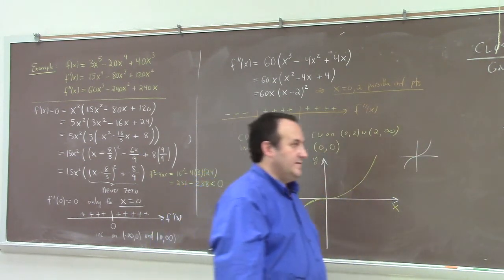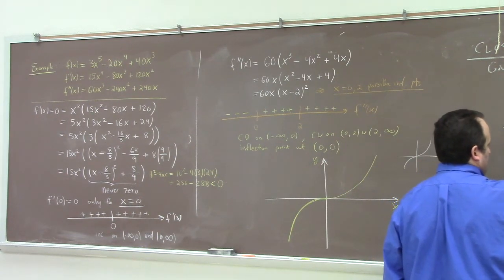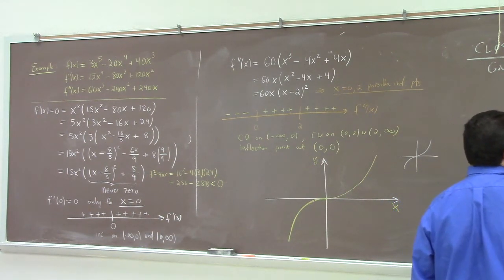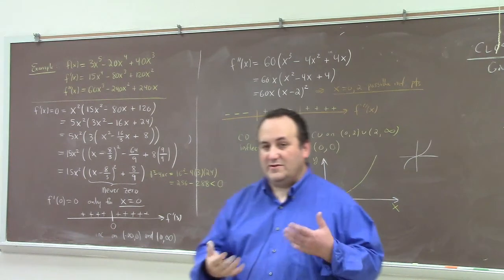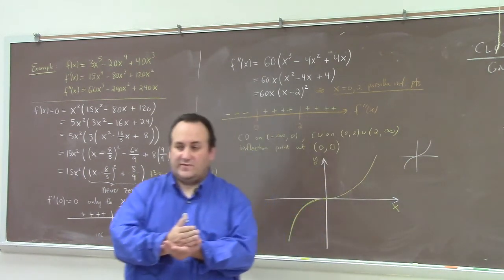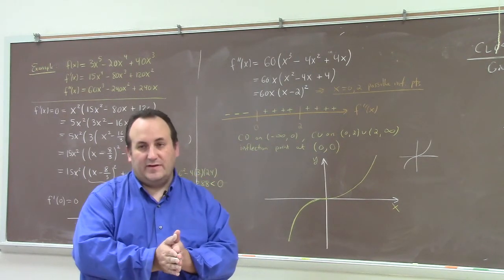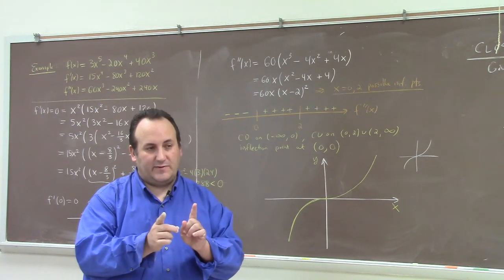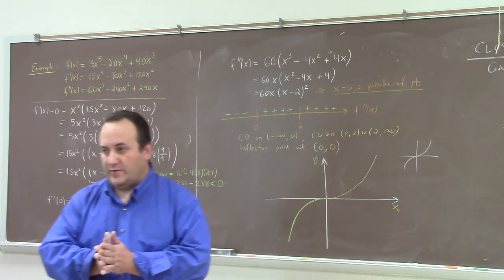Step 4, select the min and max from the numbers in steps 1 and 3. That's it. The closed interval test says that when you get to step 4, one of these numbers will be the minimum, and one of these numbers will be the maximum. Excuse me, let me clarify my language: at least one. You can attain the minimum and the maximum at more than one point, of course.